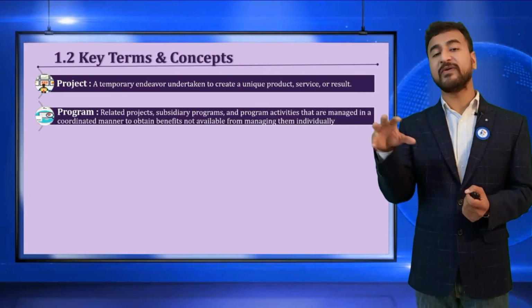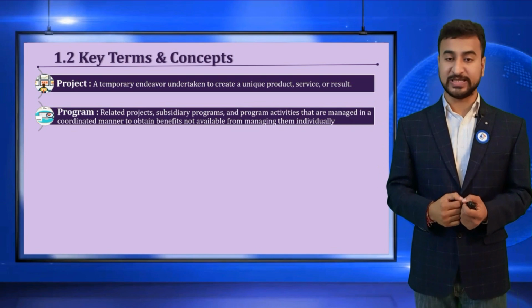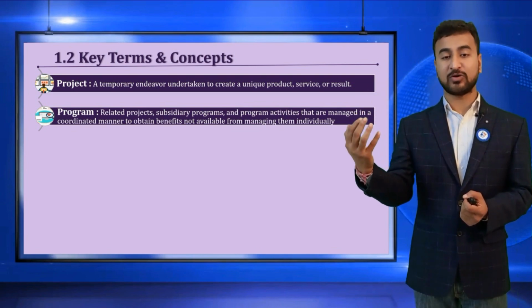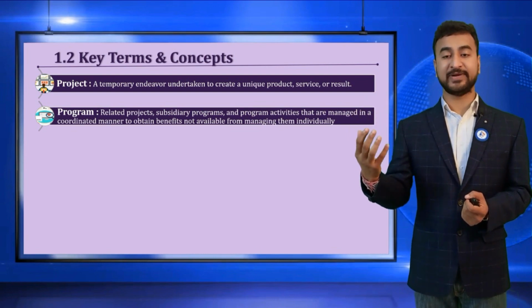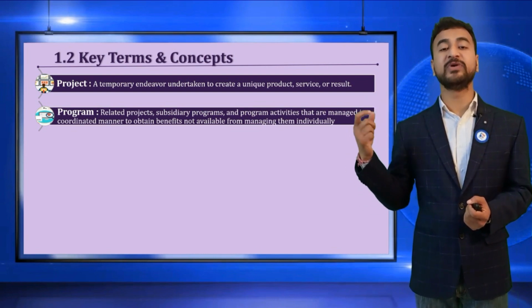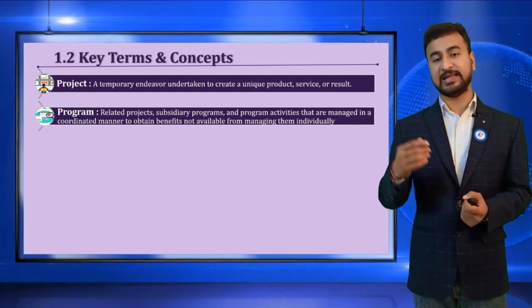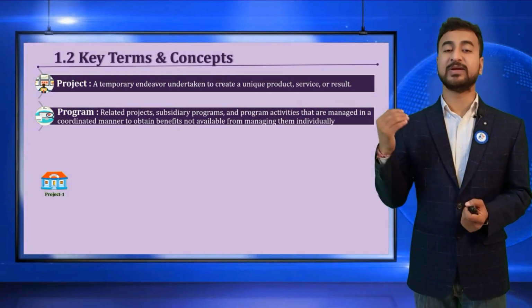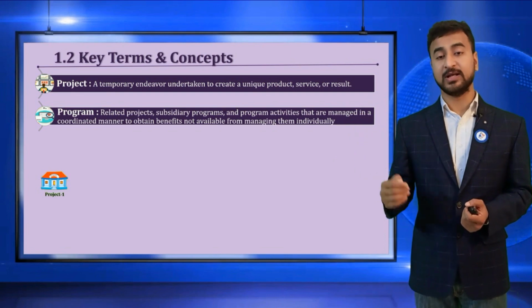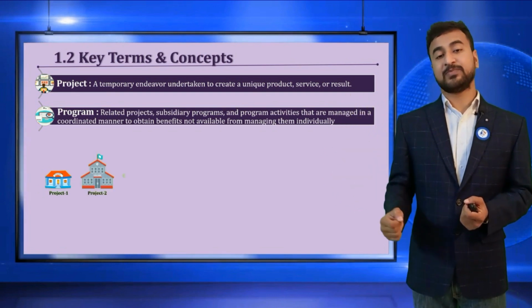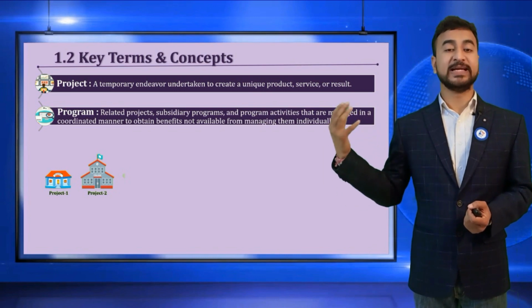A program is a group of interrelated projects that is used to achieve higher objectives, outcomes or benefits that cannot be achieved if we are managing the projects individually. Let's discuss an example. Project 1 is building a school. Project 2 is building a college.